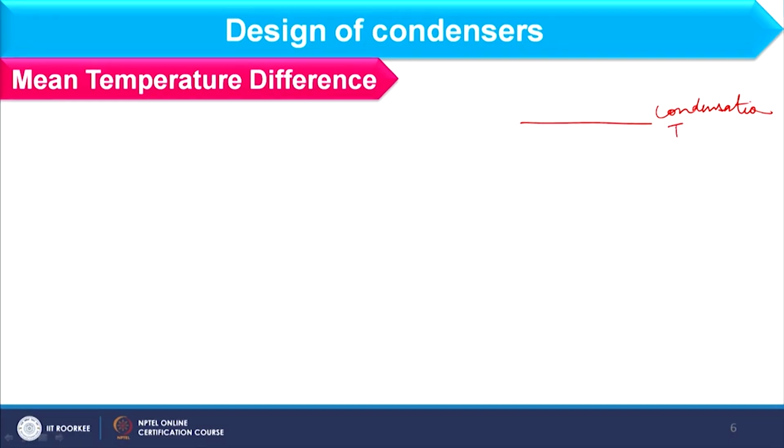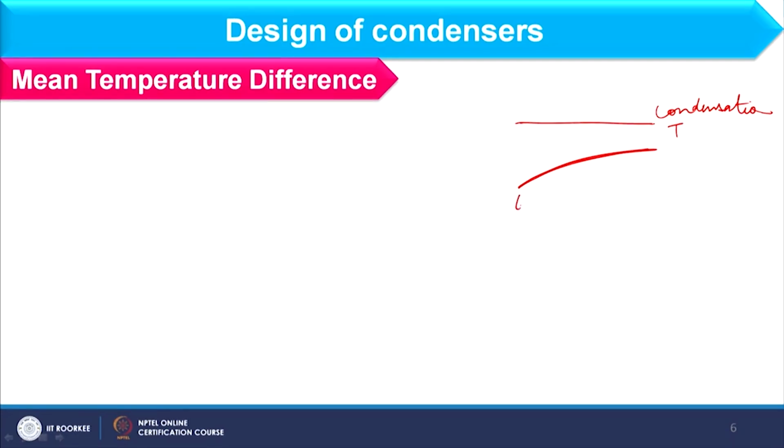And this condensate will give its heat to the coolant, so the coolant temperature should be below. Now, as the coolant is having sensible heat transfer, its temperature will keep on changing from inlet to outlet. However, temperature will not change on the condensation side.